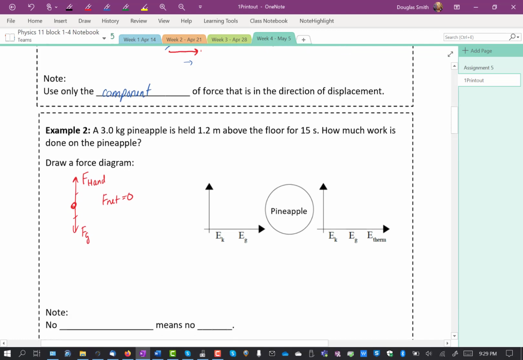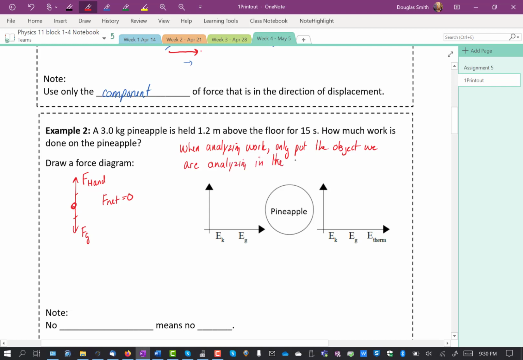And we could also look at the system diagram, the bar chart. When we're analyzing forces or work, we're going to only put the object that we're analyzing in the system. So we're talking about holding a pineapple, so the pineapple is the thing we're analyzing.